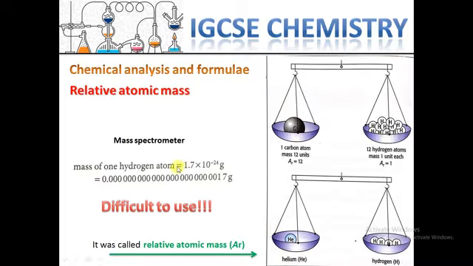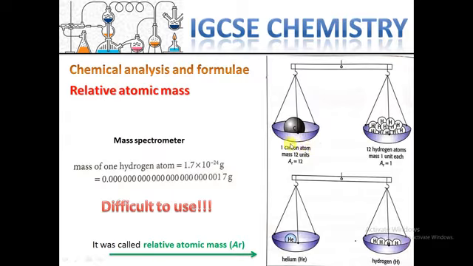So 12 hydrogen atoms were used to measure one carbon atom. They found that if we add 12 hydrogen atoms, we can reach equality with one carbon atom.